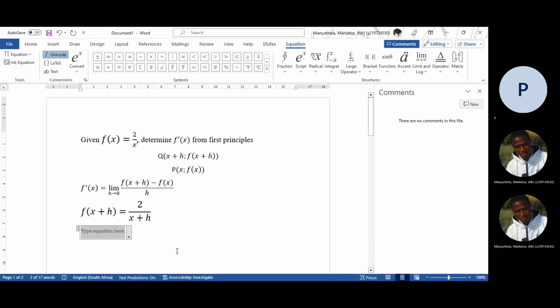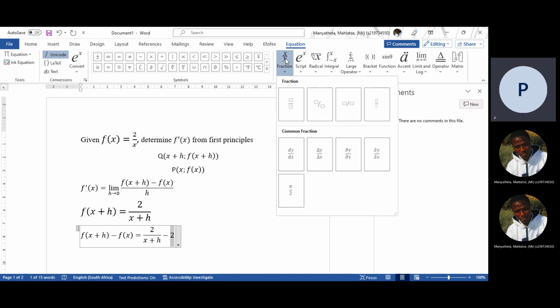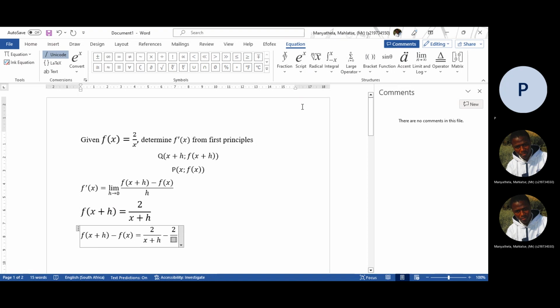So here's the second step, which will be f of x plus h subtract f of x, which will be equal to, remember that our f of x plus h, we set it to be 2 over x plus h. So 2 over x plus h subtract 2 over x. Then let's simplify this.